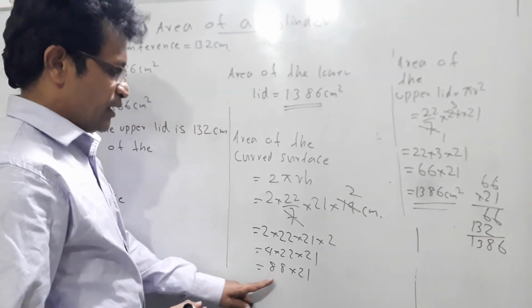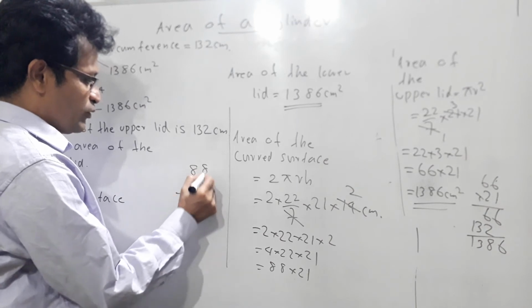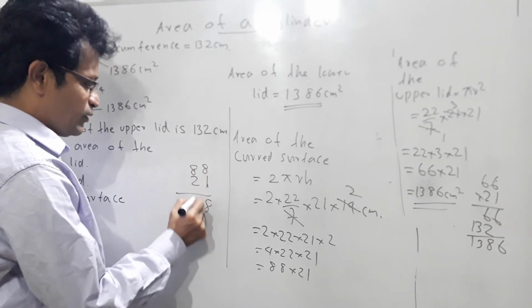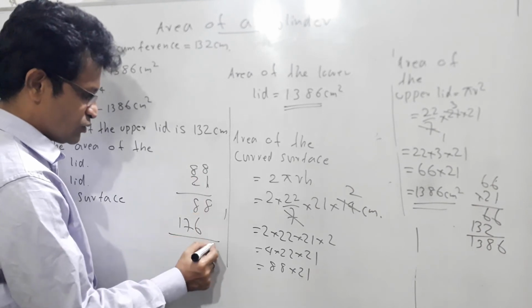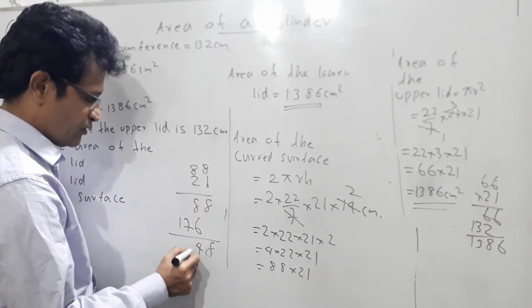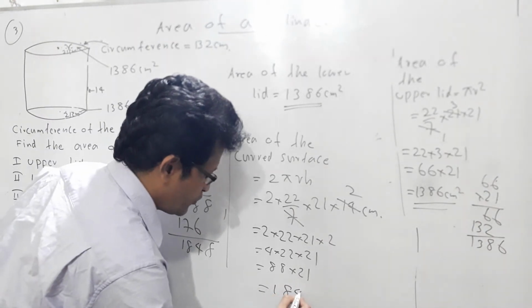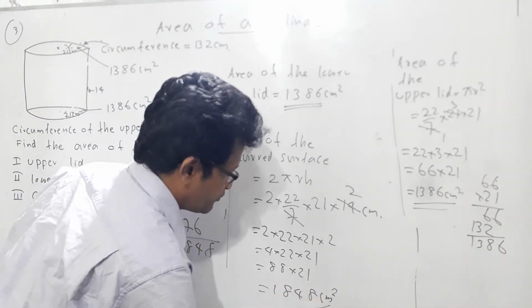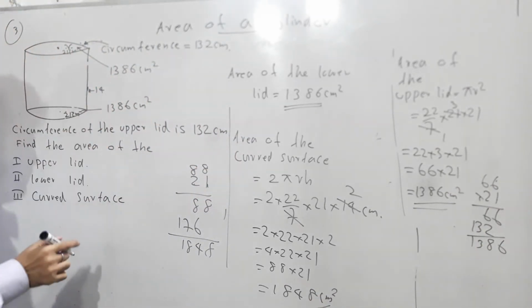So we have to multiply 88 and 21. 1 into 8 is 8, 1 into 8 is 8, 2 into 8 is 16, 1 remain, 2 into 8 is 16 plus 1, 17. So 1848 centimeters square.